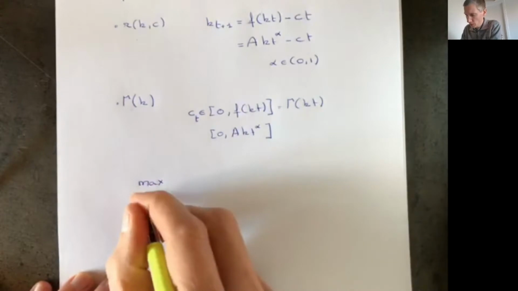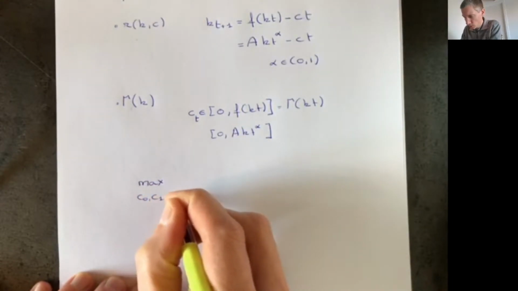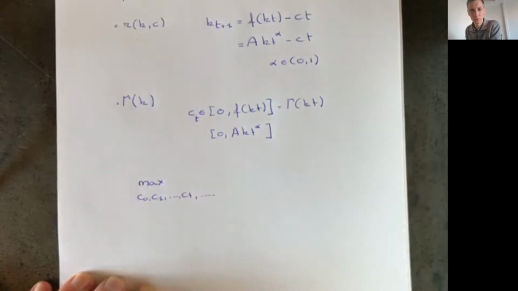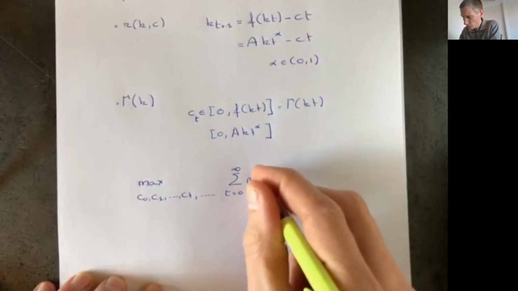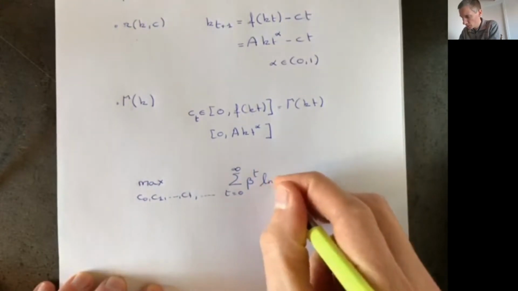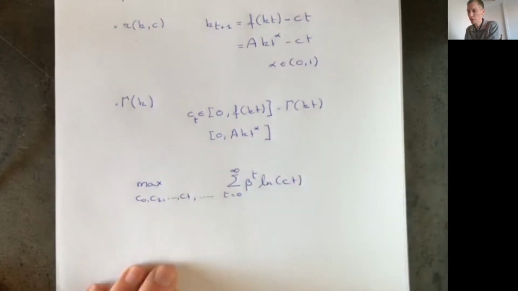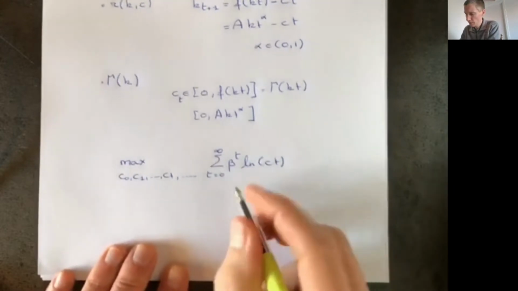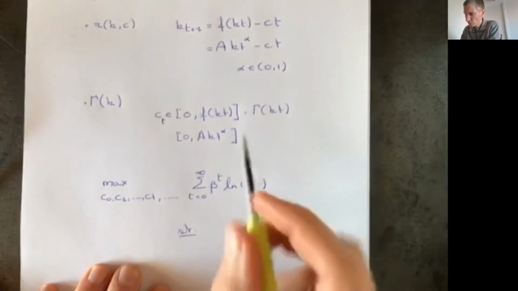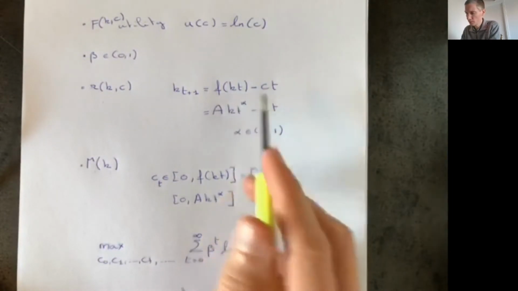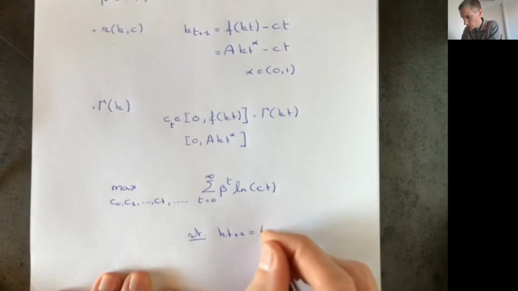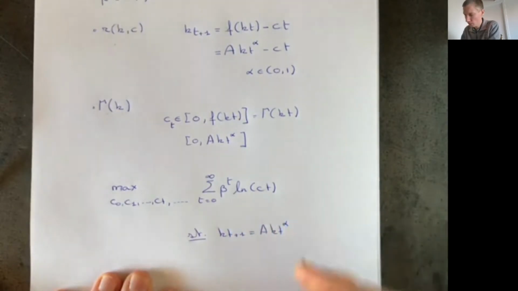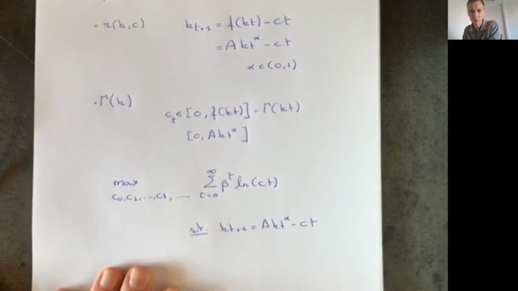Should be c0, c1, ct, and so on, of a sum from t equals 0 to infinity of beta to the power t of ln ct, the instantaneous utility function, and then subject to k(t+1) equals a kt to the power alpha minus ct.